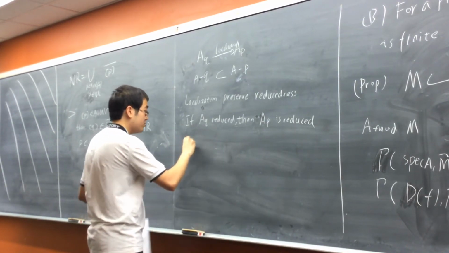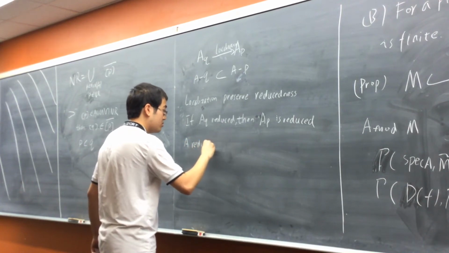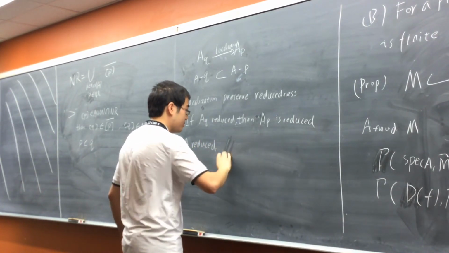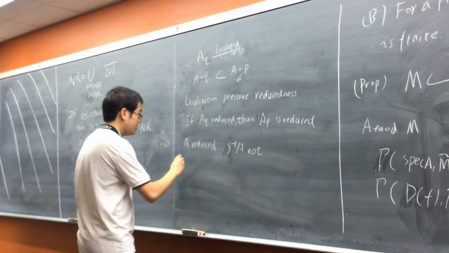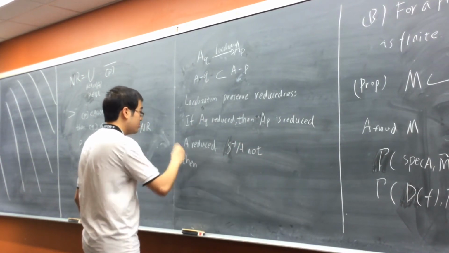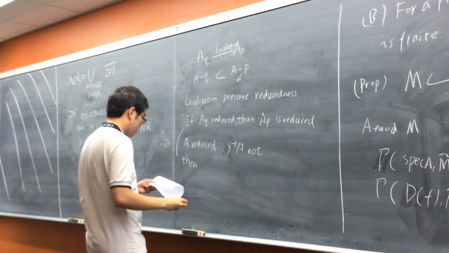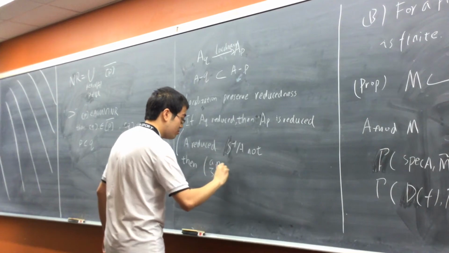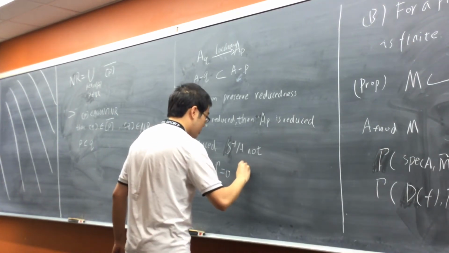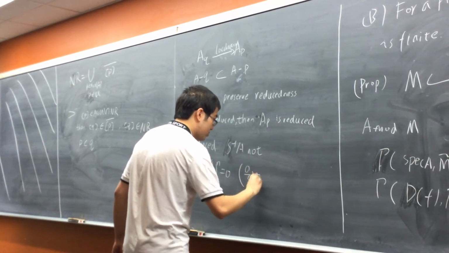If A is reduced, but S inverse A is not, then there is some a/x with (a/x)^n equal to 0, but a/x not equal to 0.